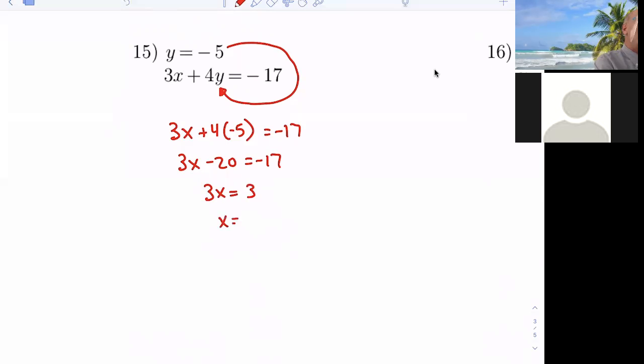So x equals what? 1. So my solution is 1 comma negative 5.